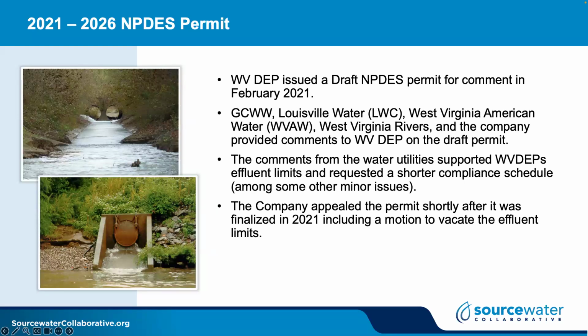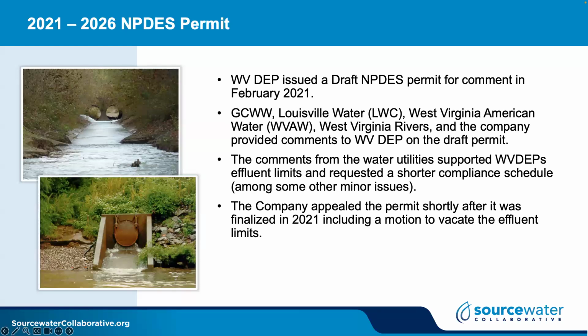Once that permit was available for comment, we contacted a couple other utilities downstream, Louisville Water Company and West Virginia American Water, and the 3 utilities all provided comments to West Virginia DEP. The company themselves also provided comments on the draft permit.